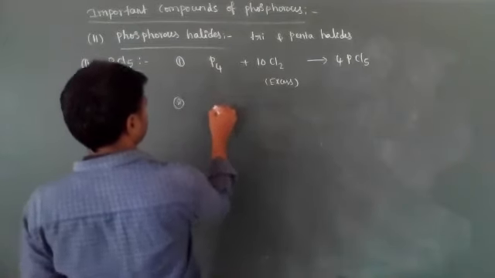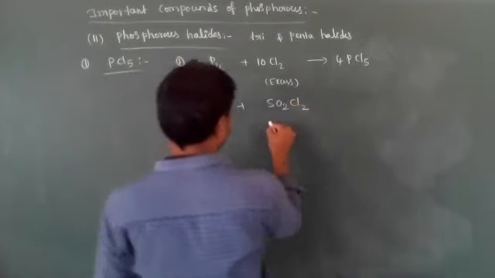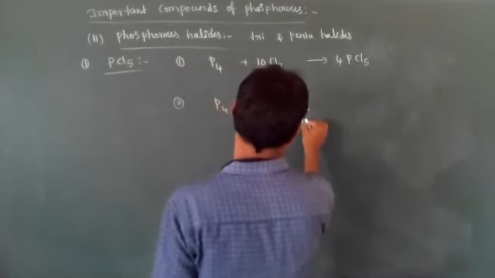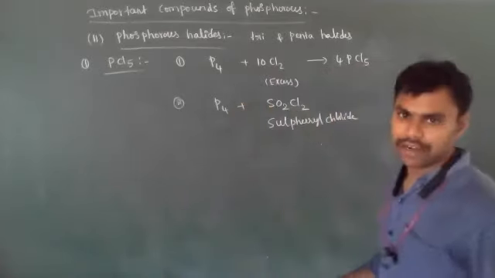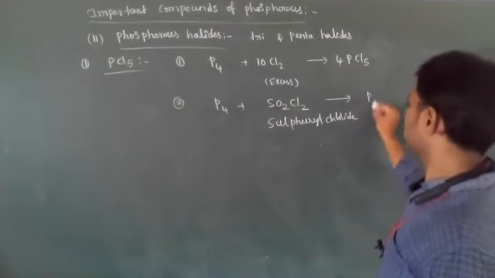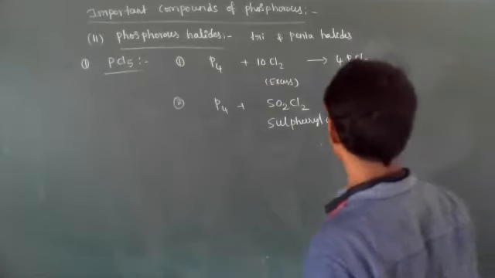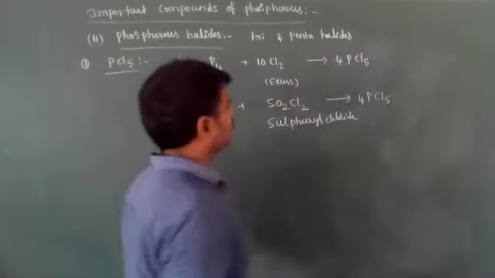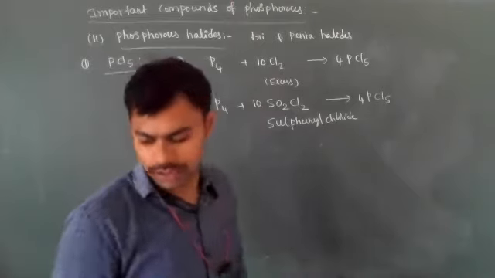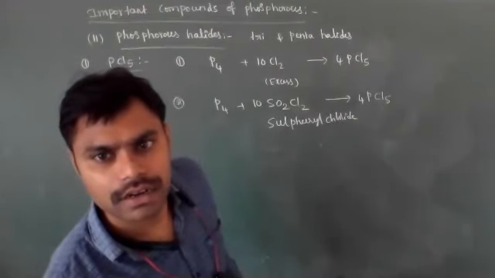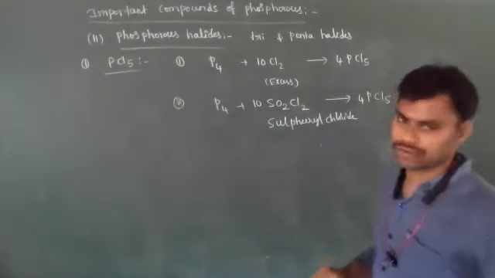The second preparation method is P4 reacting with sulfuryl chloride, SO2Cl2, converted into PCl5. 4 moles, then here we need to take 10 moles of SO2Cl2, then the remaining 10 moles of sulfur dioxide gas will form, SO2.